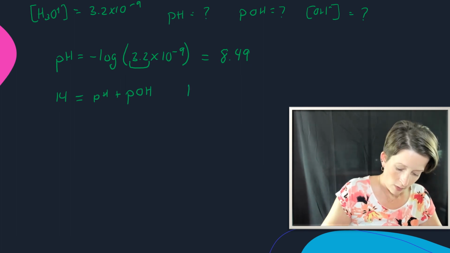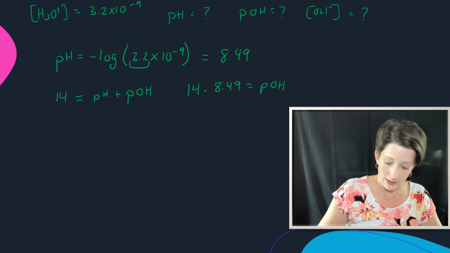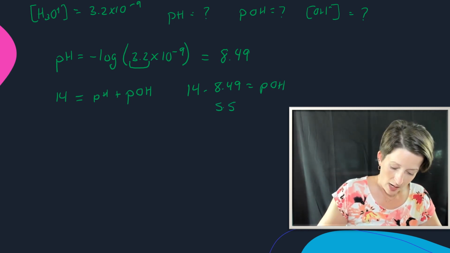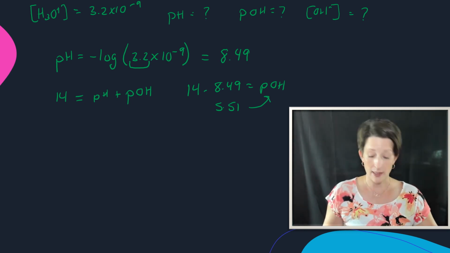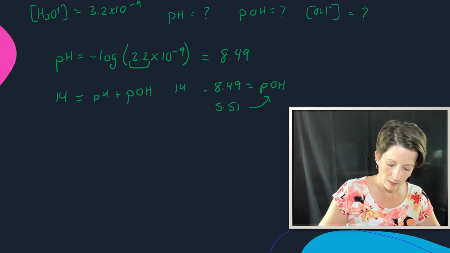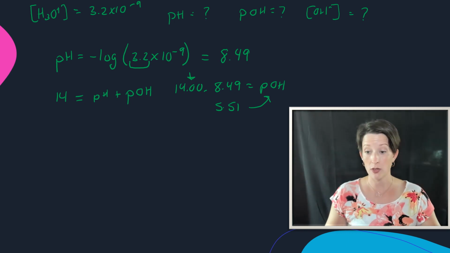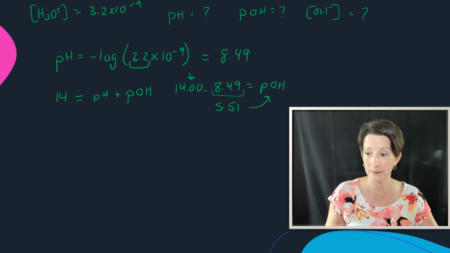So I can take 14 minus 8.49, and that's going to give me my pOH. And so that's going to be 5.51. Same, because it's addition, subtraction. This is really actually 14.00, but because this is a constant number, it's not a measured number, so that's an exact value, so we're going to be taking our sig figs from that measured value.